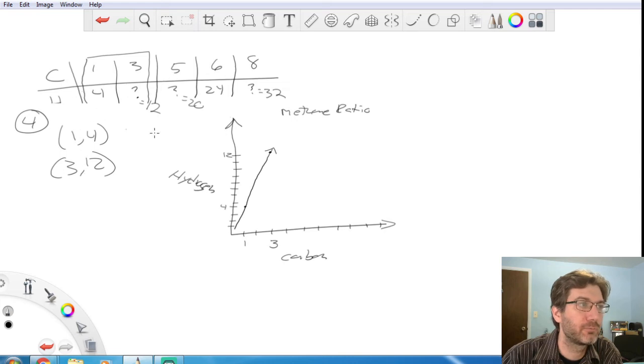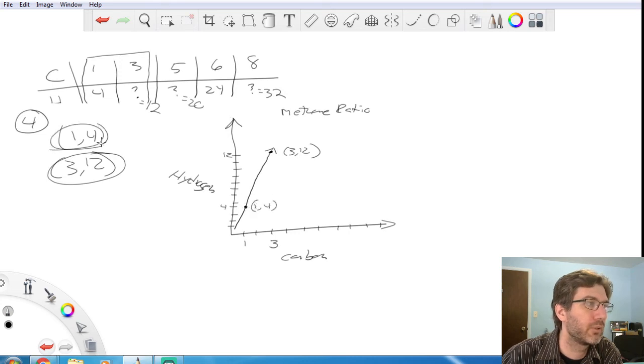Plot the points. So this point here was 3, 12, which came from right there. This point here was 1, 4, which came from right there. Connected the two, drew a line through it. There will be only one way to draw a line through this because you need 2 points to graph a line, and so on.